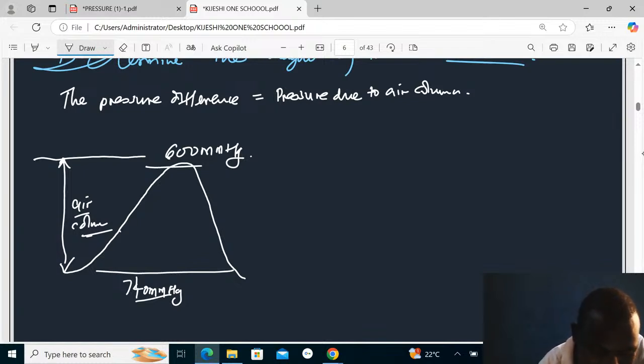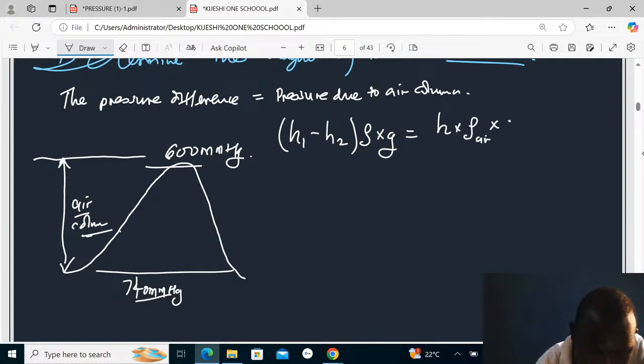But in this case, you can say (height 1 minus height 2) multiplied by density times G will be the height of the mountain times density of air times G.